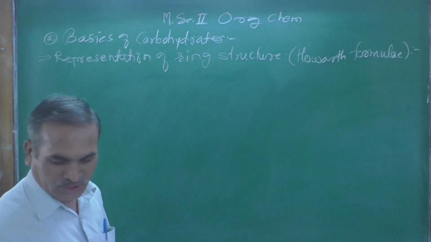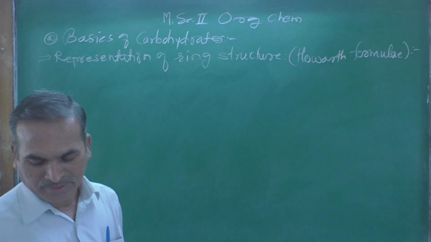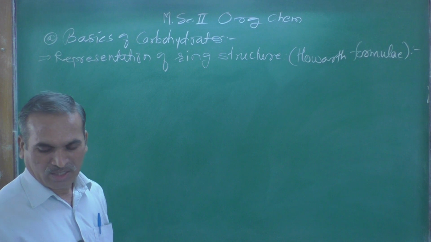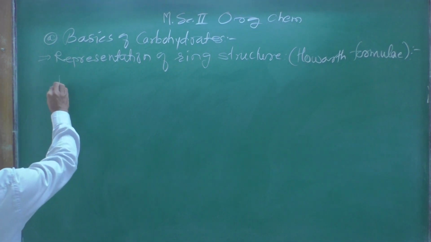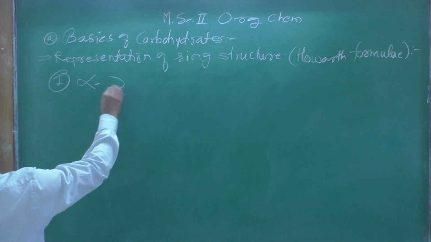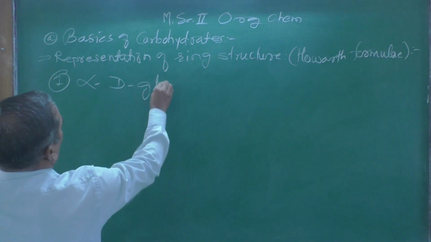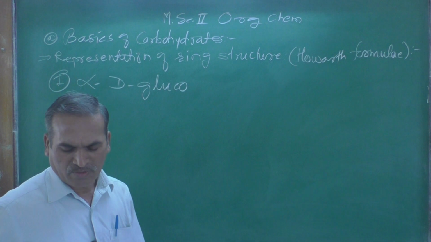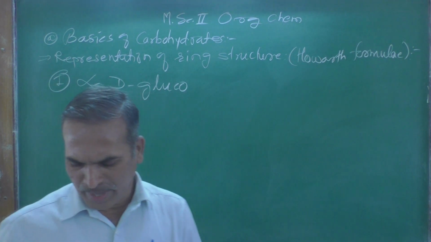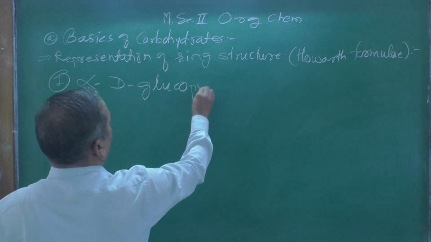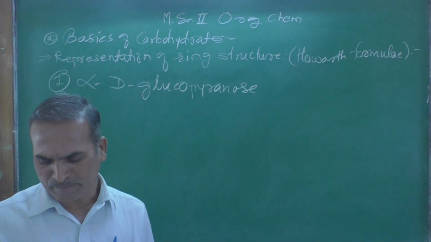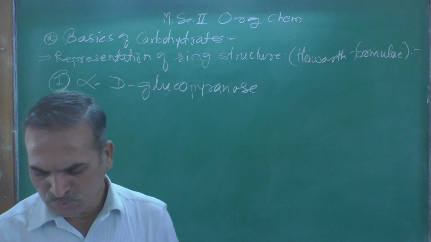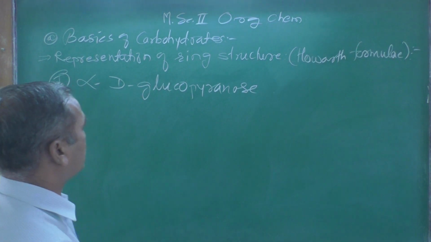Let us begin how to represent the Haworth formula of D-glucose, and first of all, alpha D glucopyranose. First one is alpha D glucopyranose. How to represent that?